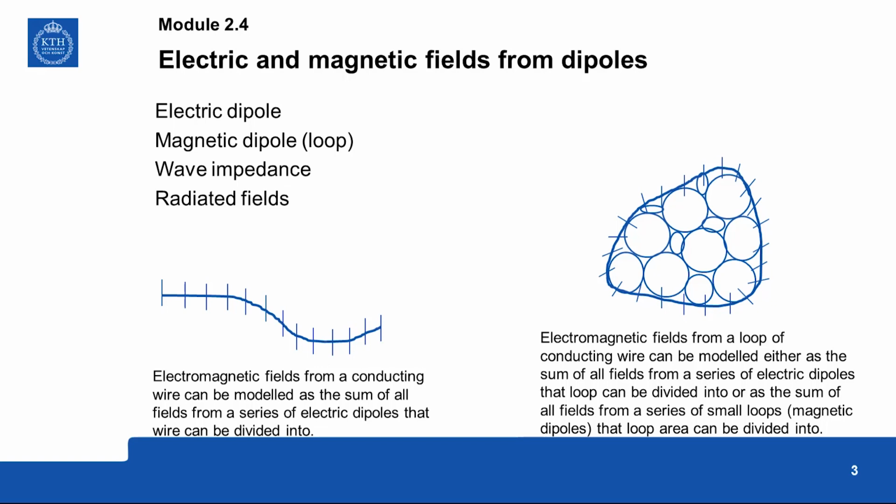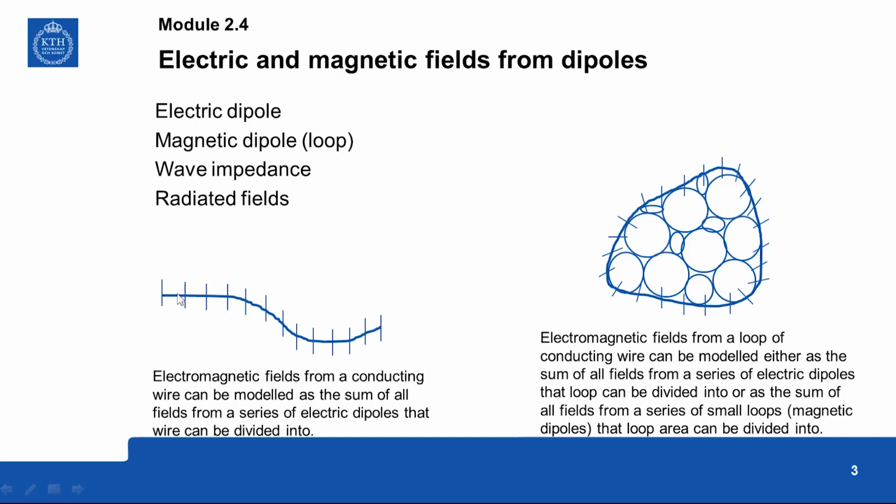So if you want to find the radiation field from such a wire, then you can divide that into very small dipoles. These dipoles are shown here. Then if you know the expression for electric and magnetic fields from a small dipole like this, then you can add up all the dipole fields from the various dipoles to find the total field. So that is the principle involved.